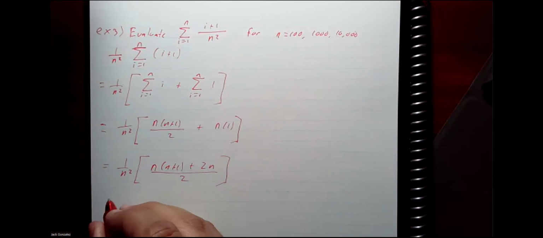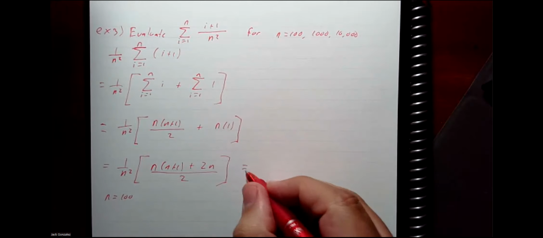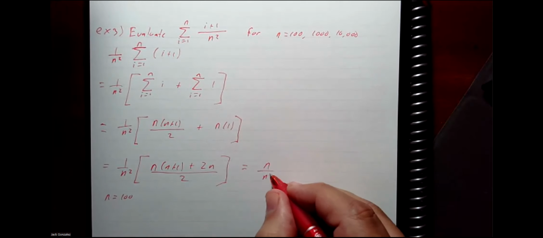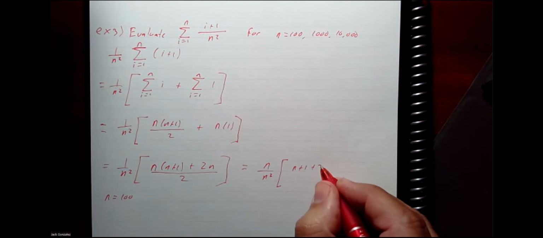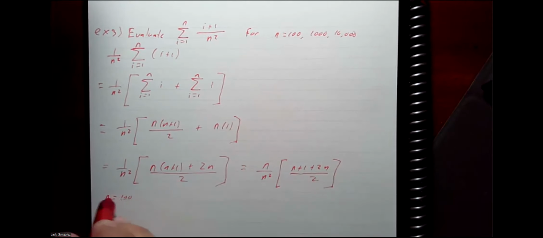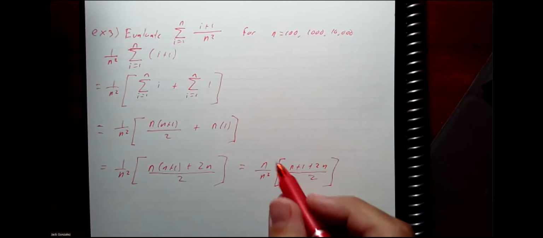So n equal to, you simply plug in, well, actually we could simplify this a little more, right? You could pull out an n from the top and have n plus 1 plus 2n over 2. So these will cancel.